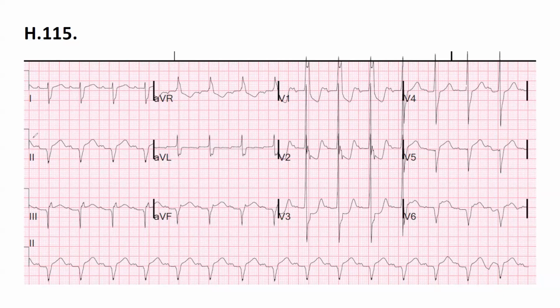Now, here we mentioned that we do have an elongated PR, but every P followed by QRS, that was first degree AV block. So far we have P mitrale, and we do have a first degree AV block. Next, we have to talk about the QRS. What is the first? You have to look at how wide the QRS is. Is it wide? Yes, it's wide.